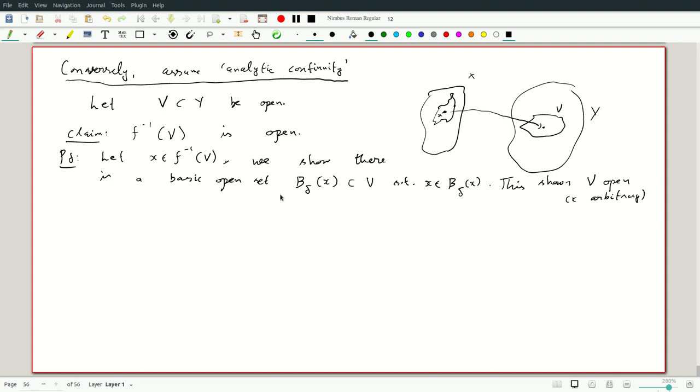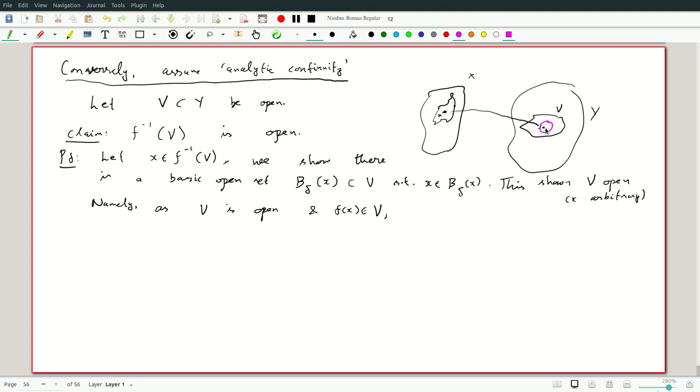So now it's quite clear what we have to do. As V is open and f of x belongs to V, I will have to repeat the circus of last time, but this time in V, but we won't repeat it in detail.